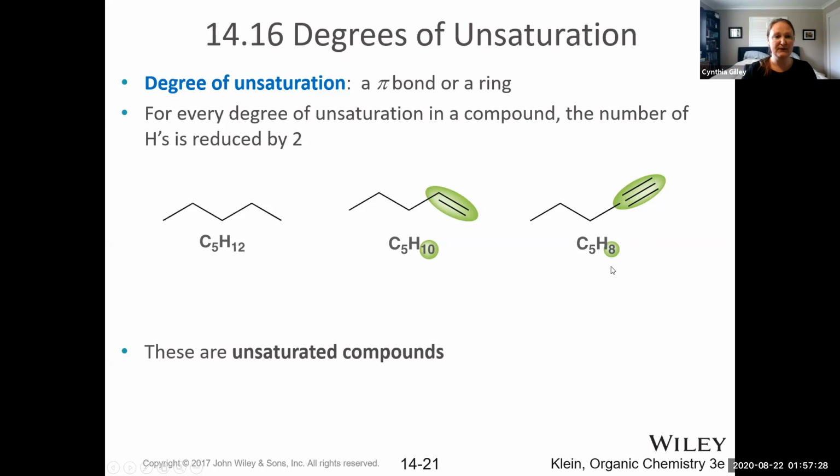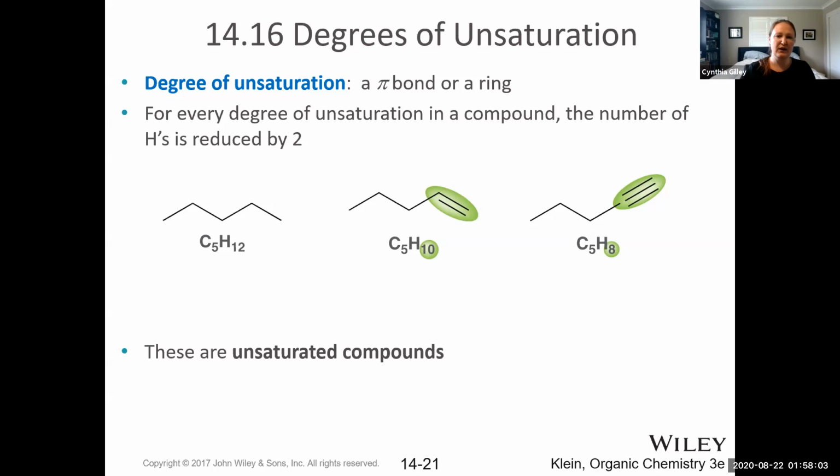So we've lost 4 hydrogens compared to what carbon would be able to have if it was completely saturated. So when there's a double bond or a pi bond present, the compound is not saturated. So we say it's unsaturated, whereas alkanes are saturated, meaning there's the maximum number of hydrogens attached to carbon that there possibly can be. If there's less than that, then it's unsaturated. So compounds that have a pi bond are unsaturated.